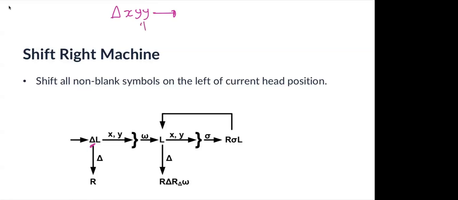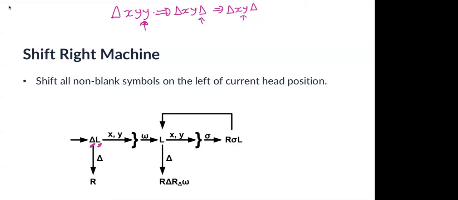We are in this position, for example. So from here we have delta, overwrite it with delta, and then we do L, which means we move to the left.